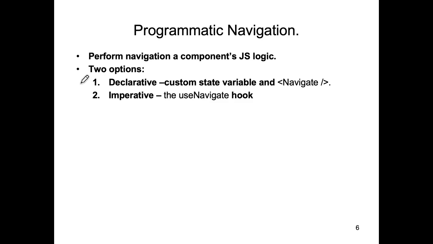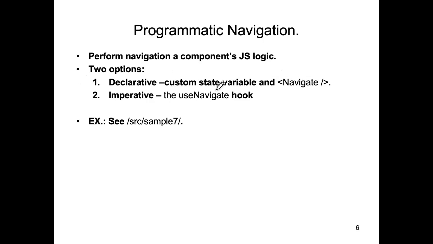With the declarative approach, you have to use a state variable, and you also use a component provided by the React Router library called the Navigate component. We'll see an example of this in a second. In the imperative approach, there is a hook provided by the React Router library called useNavigate.